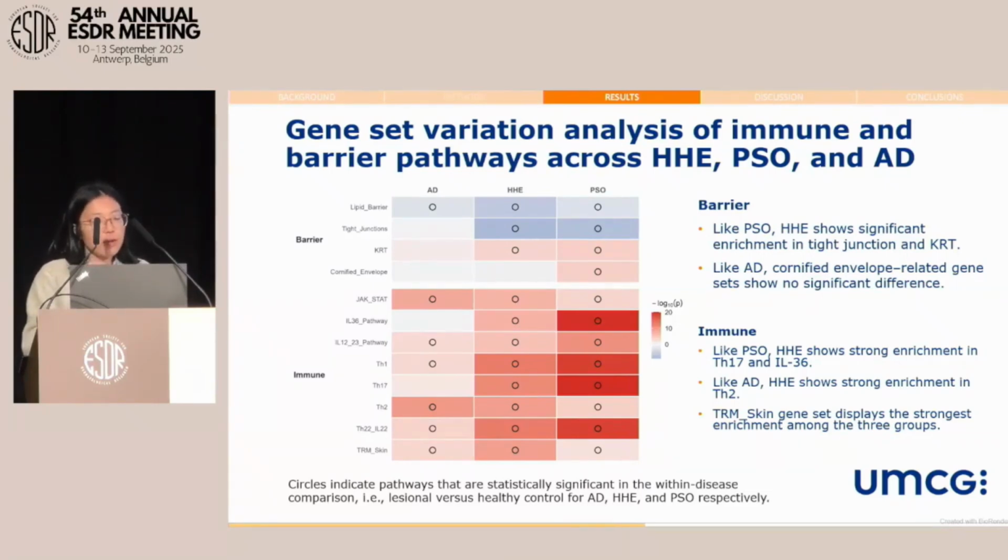About the immune pathways, also similar to psoriasis, hyperkeratotic hand eczema shows strong enrichment in Th17 and IL-36 pathways. And similar to atopic dermatitis, hyperkeratotic hand eczema shows a highly significant enrichment in Th2. And the tissue resident memory skin gene sets display the strongest enrichment among these three groups.